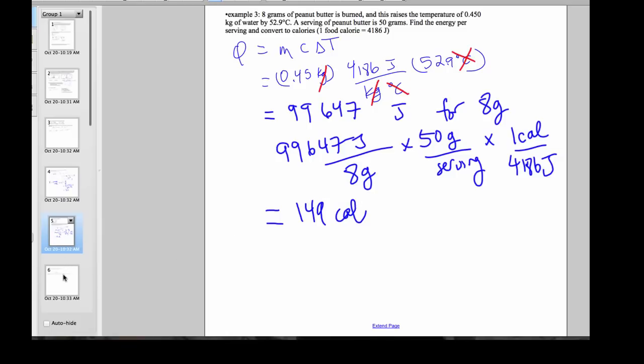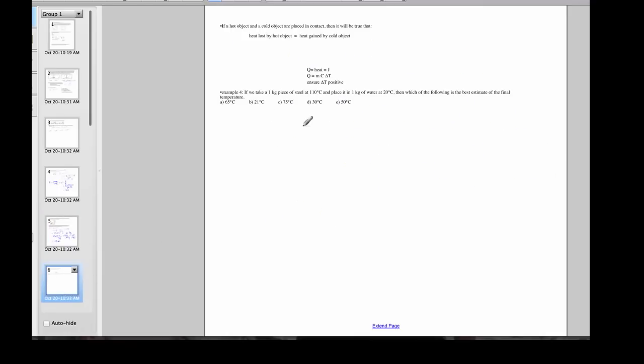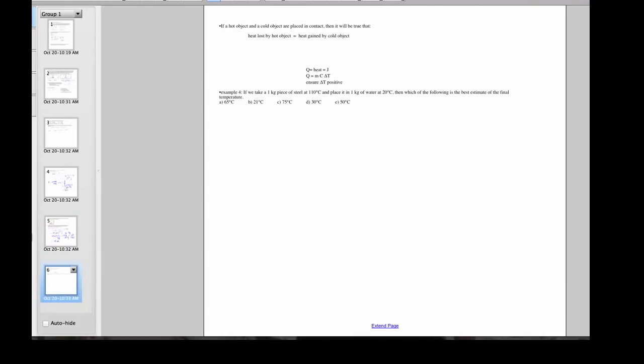All right, so that is thermal energy, mc delta T. Now, we're going to go back to this problem of putting a hot and cold object together, and ultimately where we're headed is the problem of body heat. So when we put two objects together, if they're isolated, then energy lost by the hot object can only be transferred to the cold one.